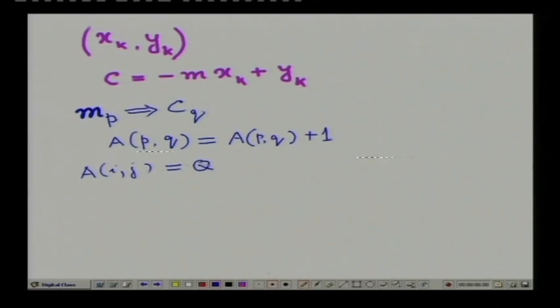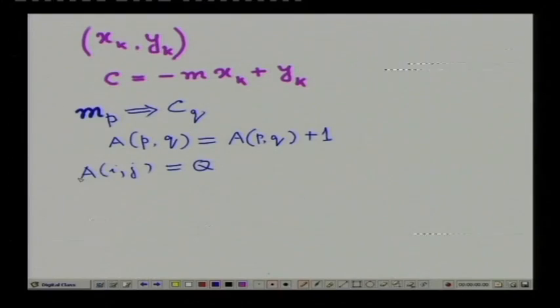So, we are considering this after we consider all the boundary points in the spatial domain. For each of these we compute the corresponding M_p and C_q. For all allowed values of M, I find the corresponding allowed values of C, and for each such pair of M_p and C_q, I do this increment operation on the accumulator cell.